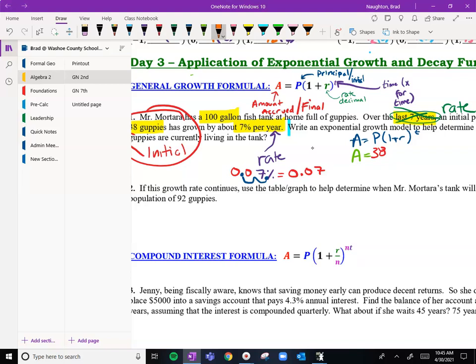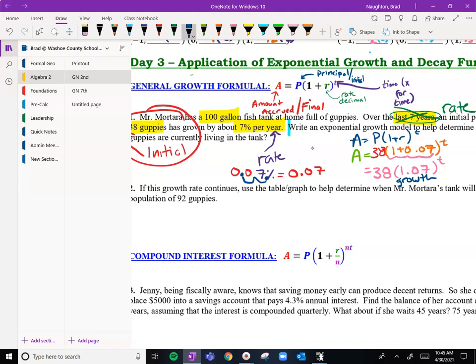And then it's 1 plus my rate of 0.07 to the t. When I combine like terms, since it's in the parentheses, I get 1.07 to the t. And again, we know that this is growth because that's bigger than 1. That's important for us just looking at formulas in general.